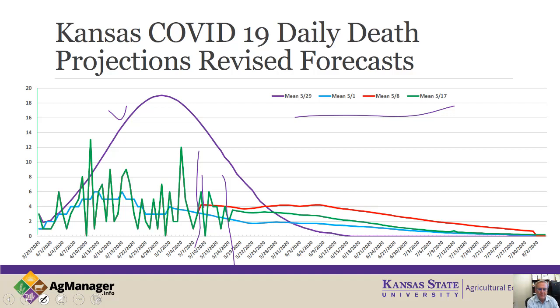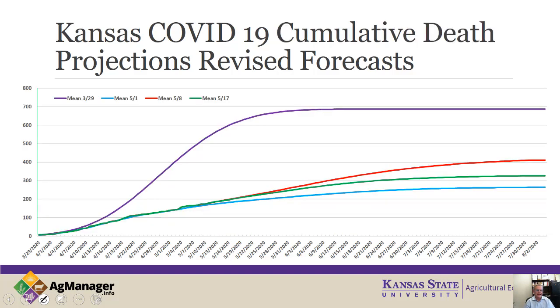On the daily death distribution, we went from there to there, then we went up to the red line in Kansas, and then we went down to the green line. That's the most recent forecast, essentially from here forward, for the daily expected death distribution for the state of Kansas.